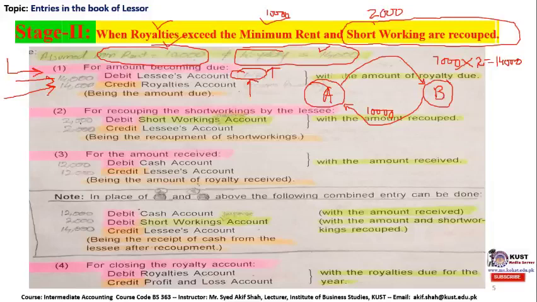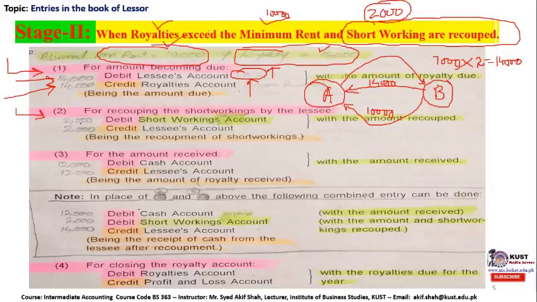So we have made the same credit entry with 14,000 rupees of royalty, which will be paid by party B to party A. However, as we have 2,000 rupees of short working from the first year, which will be claimed or recouped in the subsequent year, we will have a second entry of recoupment. For recouping the short working by the lessee, what will be the journal entry?